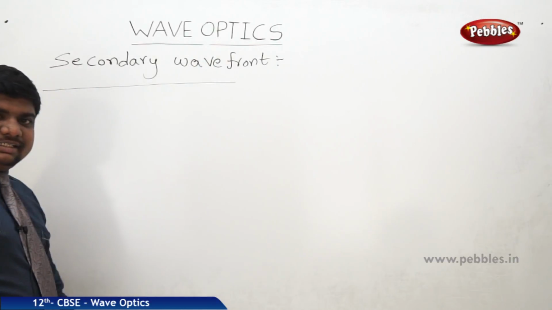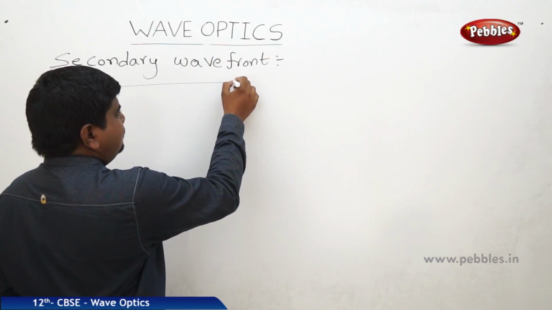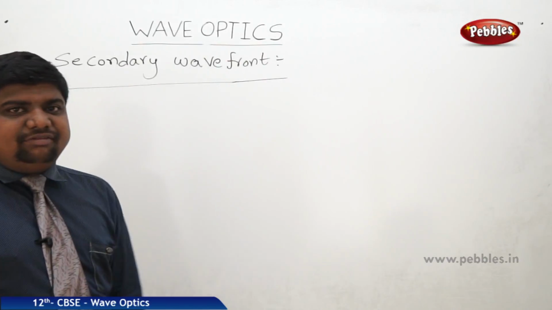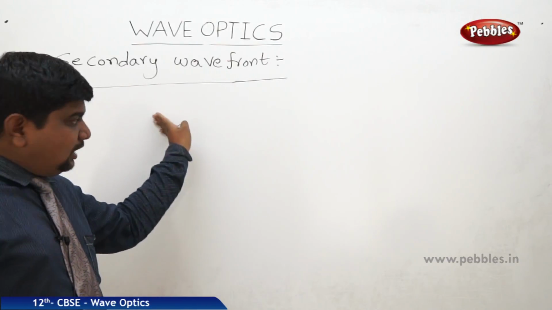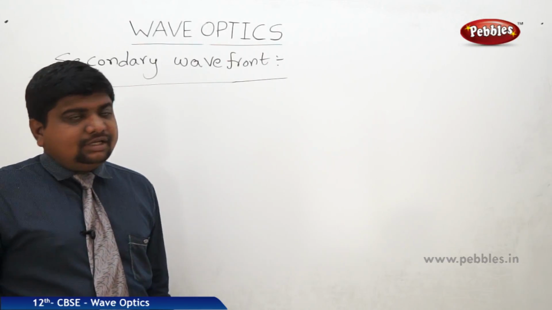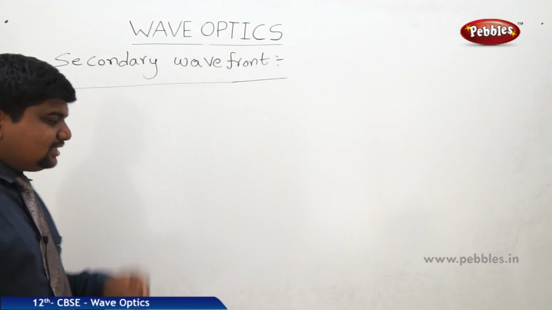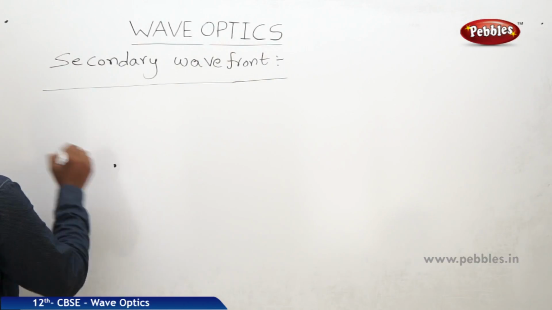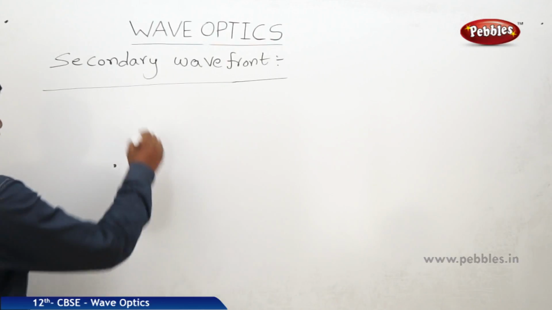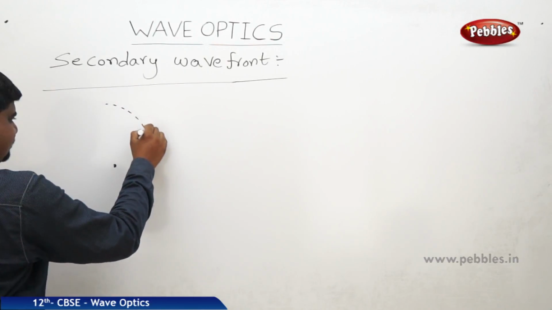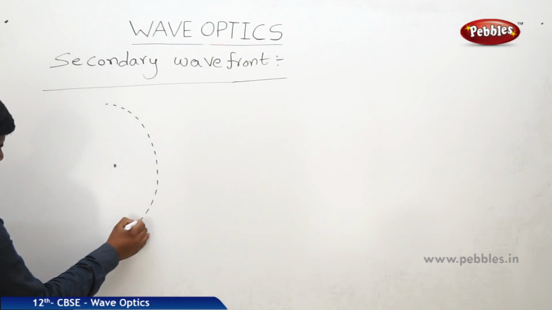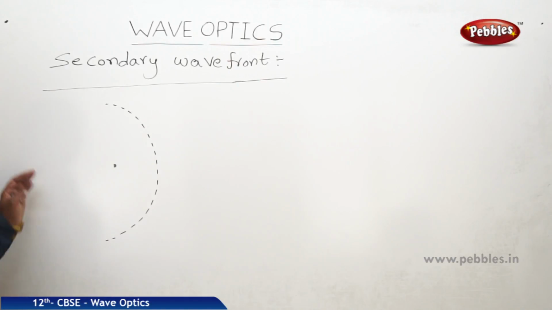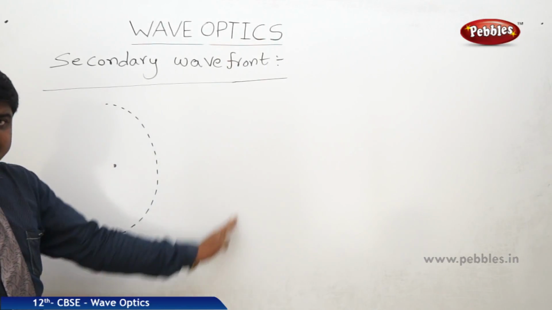So what is a secondary wavefront? Up to now we have discussed the primary wavefront, the first wave, the line which is near the center. Let us suppose this is the source of the disturbance and I am drawing an imaginary surface at any given instant in the medium.